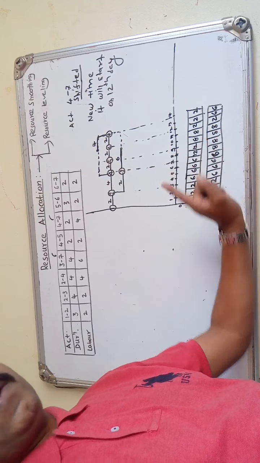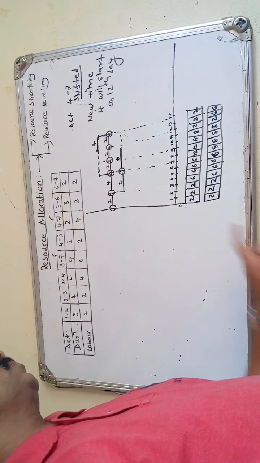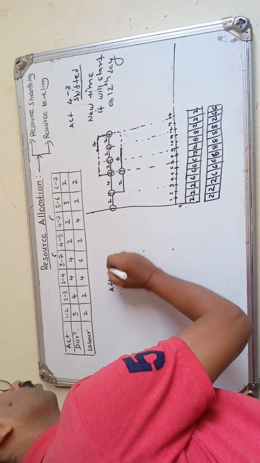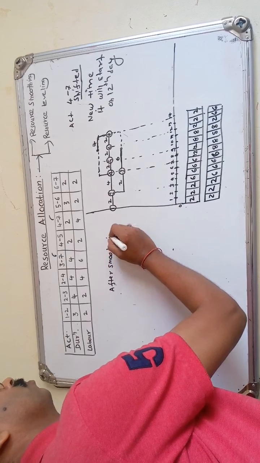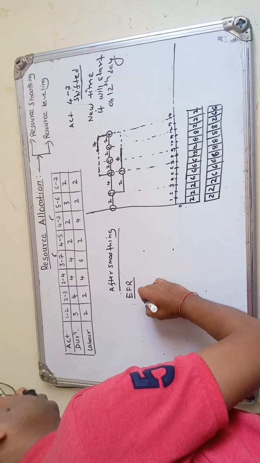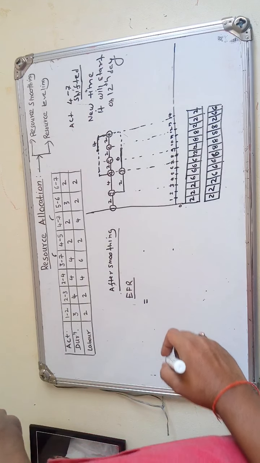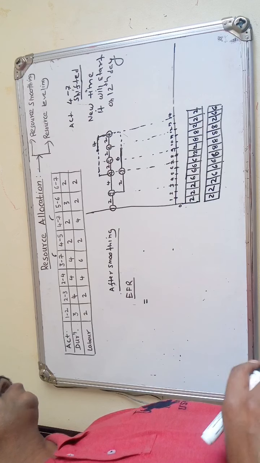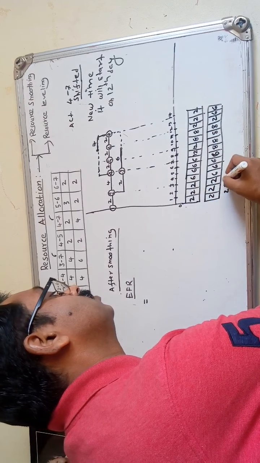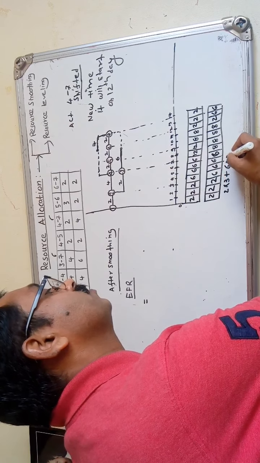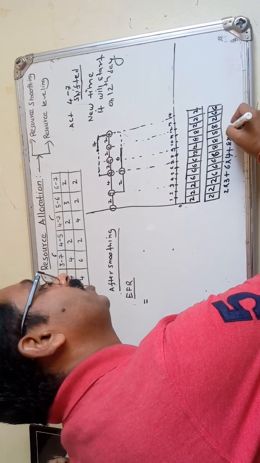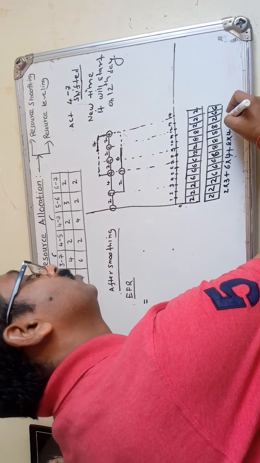Now this is the smoothing technique. Find out the effective force ratio, EFR, after smoothing. The formula, you know, is actual labor required upon total labor employed into 100. So actual labor required you have to find out: that is 2 labors for 3 days, 6 for 4 days, plus 8 for 4 days, and 2 for 1 day, and 6 for 2 days.